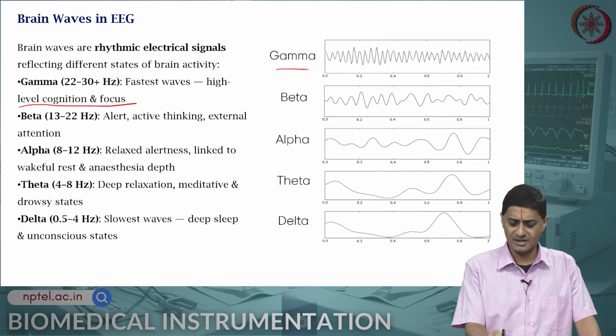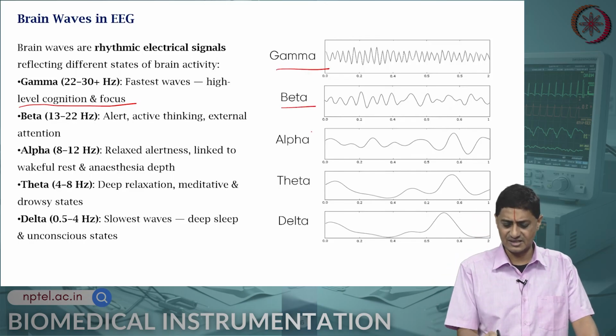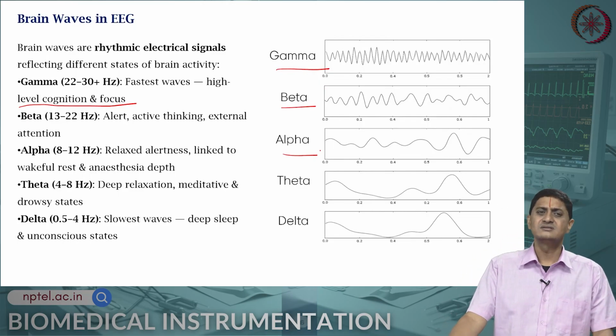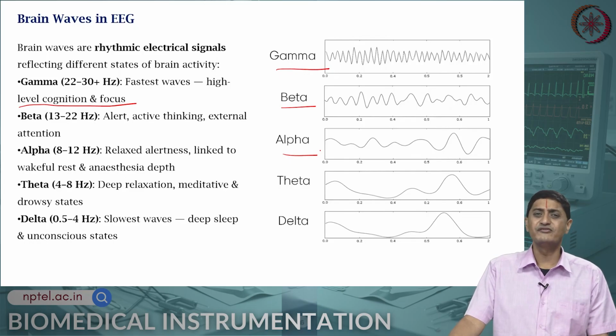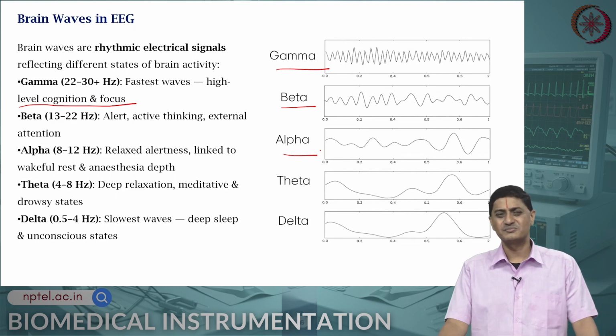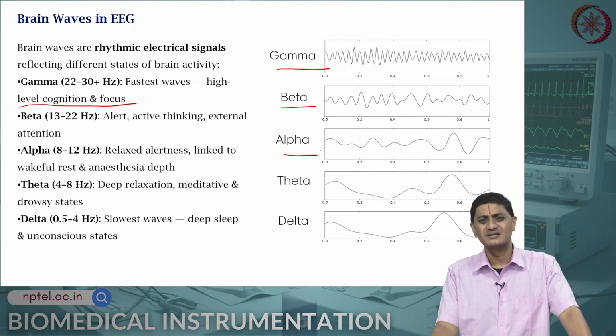So, this is gamma, very fast, this is beta, this is alpha, between 8 and 12 hertz. The person is alert but relaxed, right, linked to wakeful rest or anesthesia depth. That is the state when you just wake up from sleep, right.